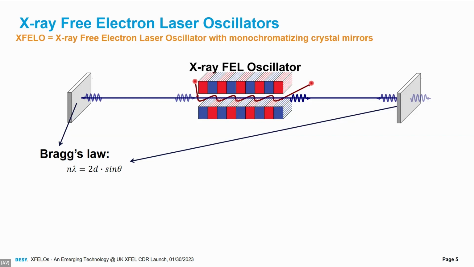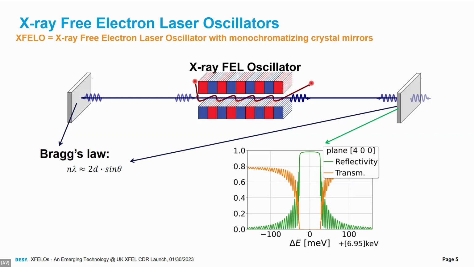Obviously, in physics, we do not have any exact laws. It's more like a roughly. However, if you do the calculation correctly, you still get stuck with just 20 millielectron volt spectral bandwidth of this reflection. And Bragg's law is also used for all the monochromators in the hard X-ray regime at X-ray facilities.